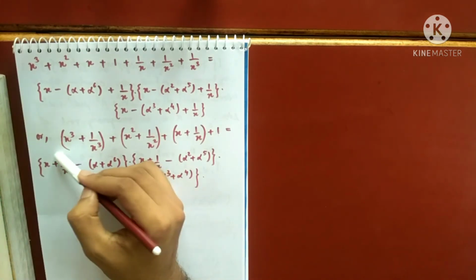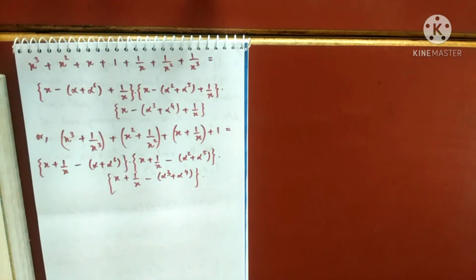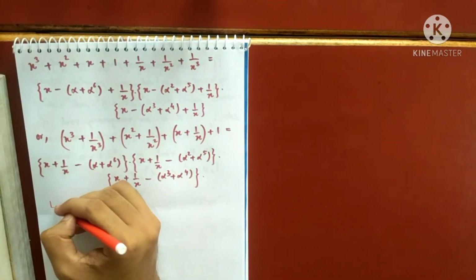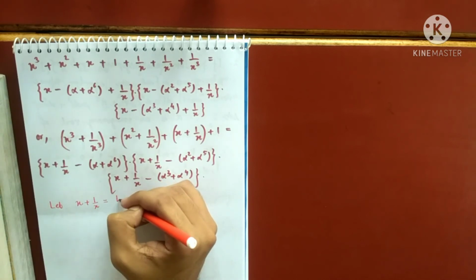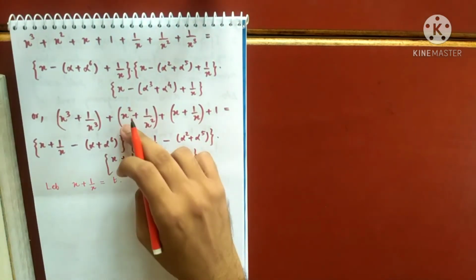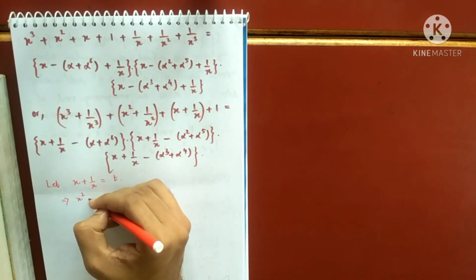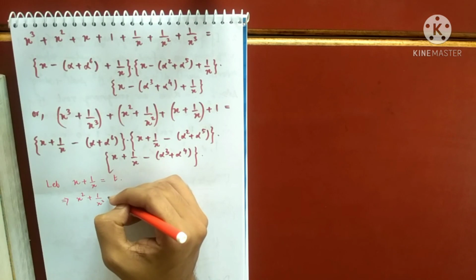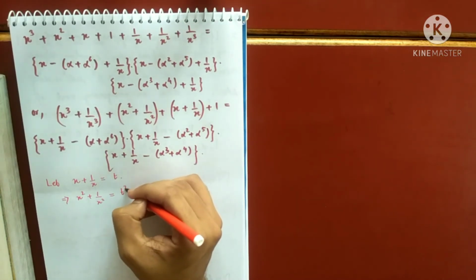If I bring here t, so t minus this, t minus this, t minus this. So let's put t here. Let x plus 1 by x equal t. So what is the value of x square plus 1 by x square? If I square both sides, I'll get a square plus b square plus 2ab. That means I'll get t square minus 2.